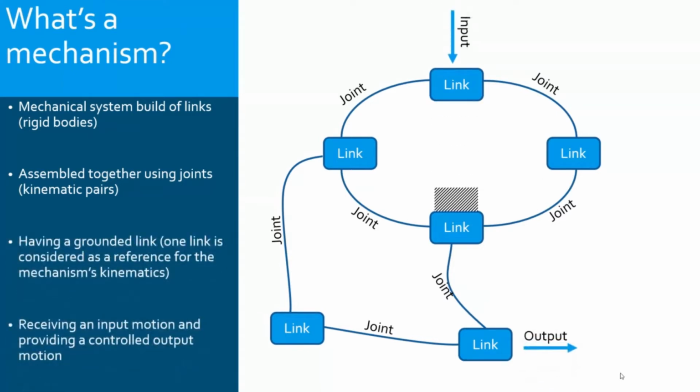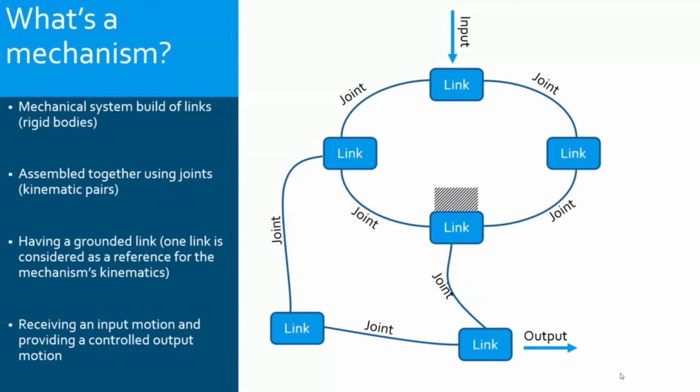Now, also in a mechanism, I need one link to be the ground. I insist that the grounded link is not necessarily static. It is just considered as a reference for the kinematics of the whole mechanism. Also, a mechanism transforms motion, so it receives an input in one or more links, not necessarily one link.